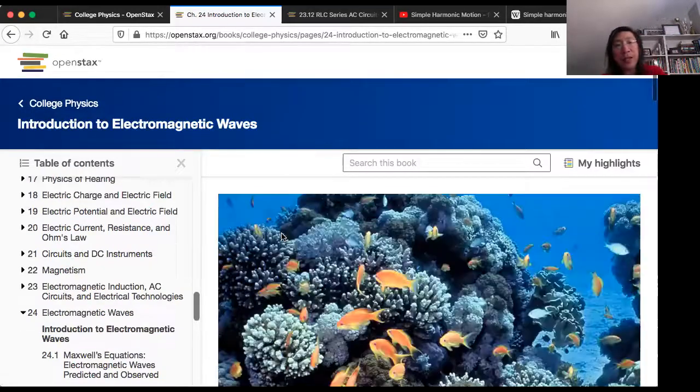And now we are connecting back from what we did in the past few lectures, heck, most of this semester for that matter, which was about electric fields, magnetic fields, and things like that, and circuits, and waves, which you learned in physics 1, because it turns out you can make electromagnetic waves if you've got the right combination or interaction of electric fields and magnetic fields in a system. Wow.